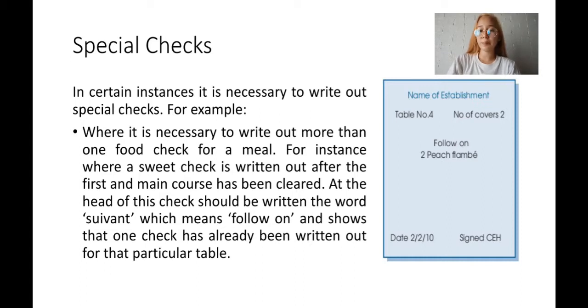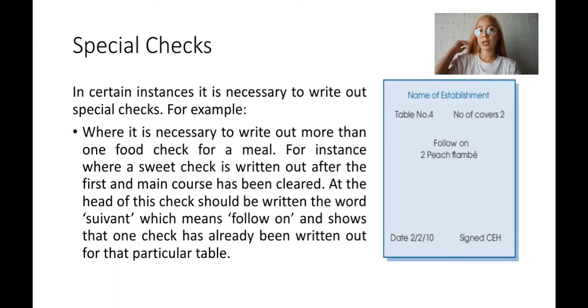So, yung first example natin, where it is necessary to write out more than one food check for a meal. For instance, where a sweet check is written out after the first and main course has been cleared, and the head of the check should be written the words suivant, which means follow on, and show that one check has already been written out for the particular table. So, sa nakikita nyo nga sa gilid, ang nakalagay dyan is follow on.